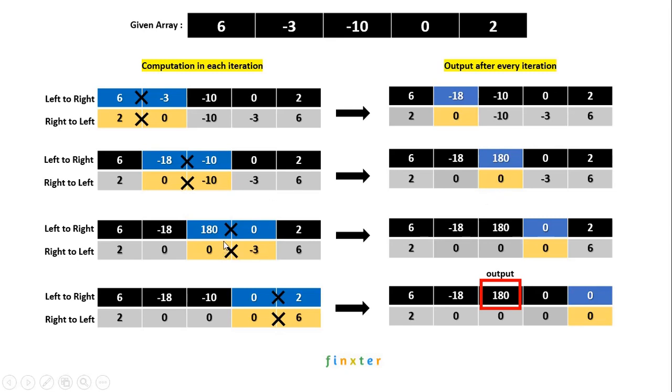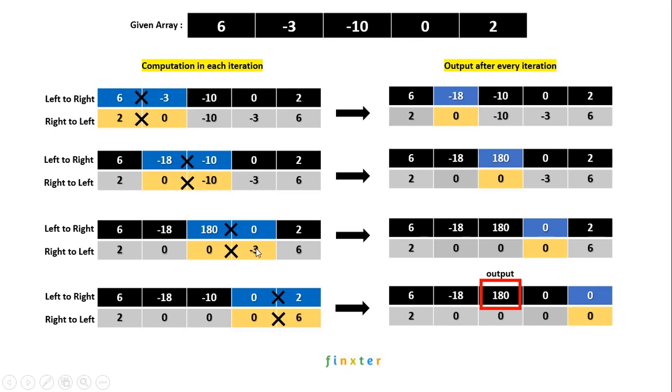Then we move on to the next iteration, wherein we multiply 180 into 0. 180 was the value that we derived from the previous iteration, and 0 is the value at the current index of our first array. So this results in 0, and so we store 0 in the current index of the first array. Similarly, for the second array, we multiply 0, which was the result of the previous iteration, with -3, which is the value at the current index of the second array, and the result of this multiplication is 0.